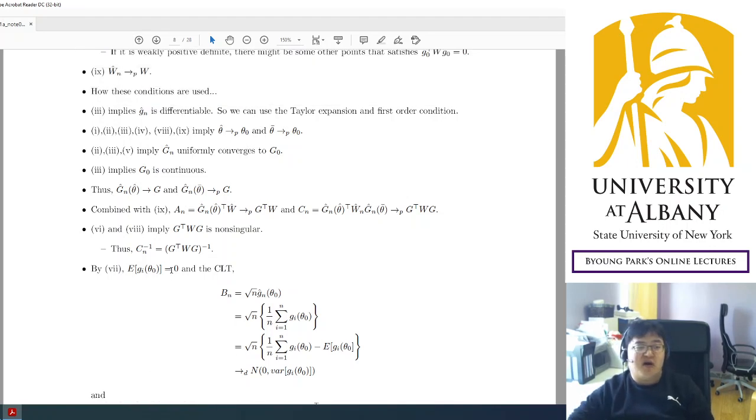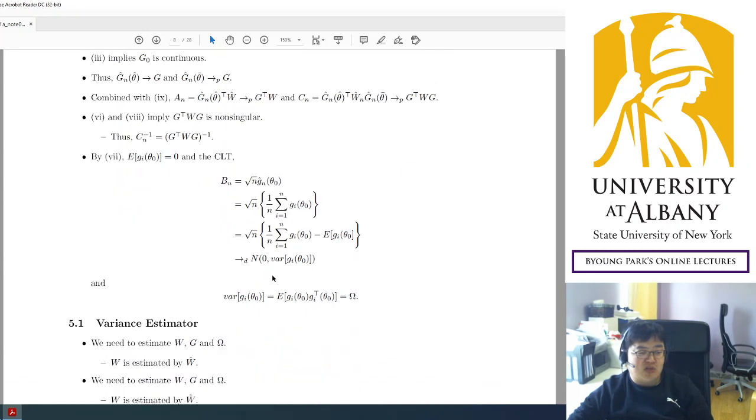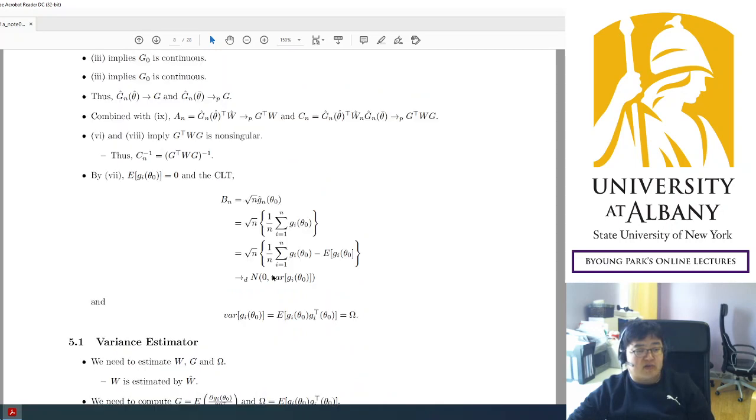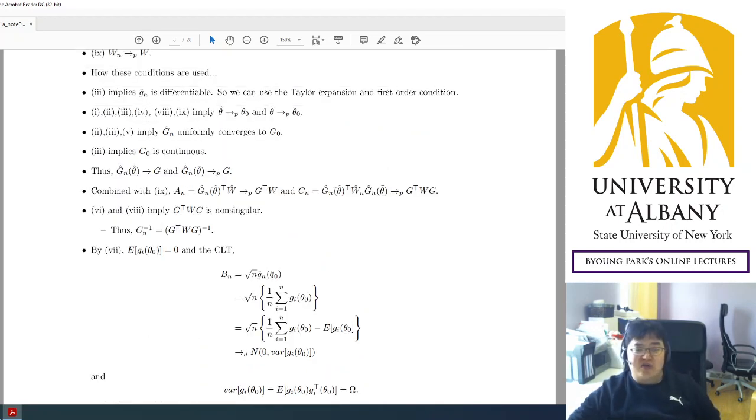So apply the sufficient conditions for each part. Then you will get what you need. Right? So I hope you can follow this, and it'll be a good study.